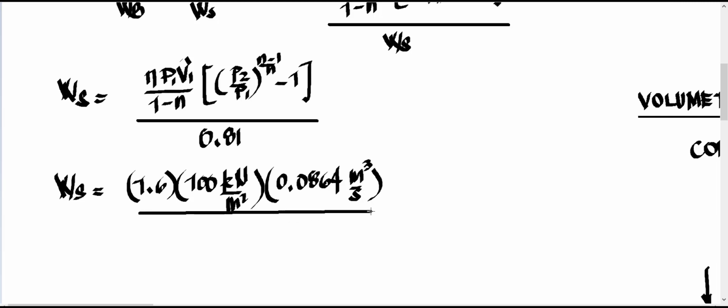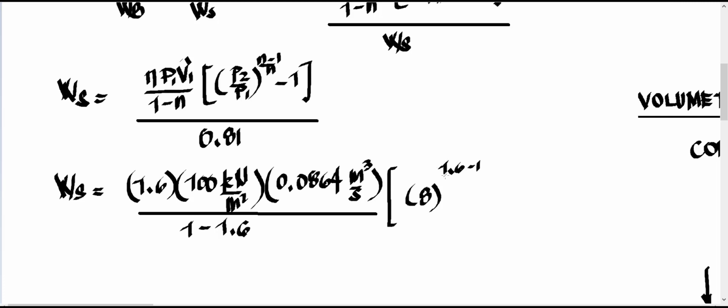Then it is divided by 1 minus the value of N, that will be 1.6. Then multiply by the ratio P2 over P1. Since we already have the value of the ratio, it will be 8. The ratio is raised to the exponent of 1.6 minus 1 divided by 1.6, and this is minus 1.